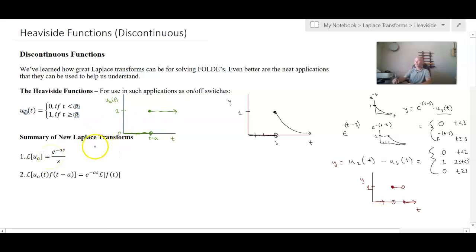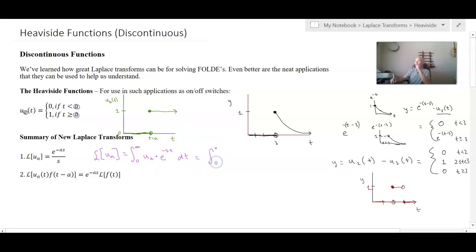By definition, the Laplace of a Heaviside function, or any function, is the integral from 0 to infinity of the function u sub a multiplied by e to the negative st dt. Well, let's think about this. U sub a will take on one of two values.